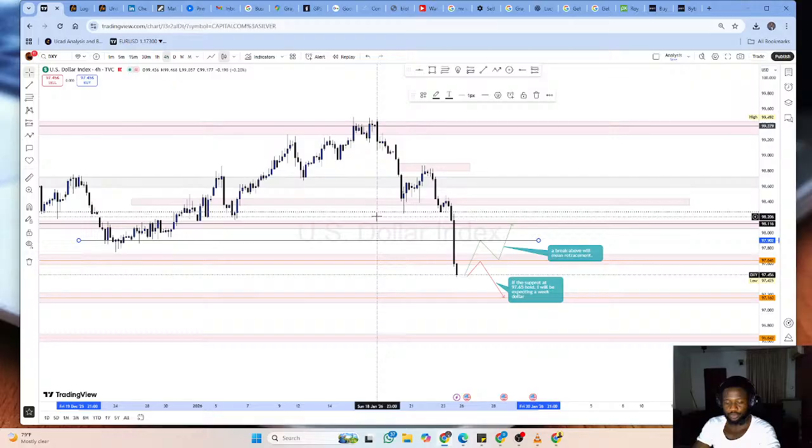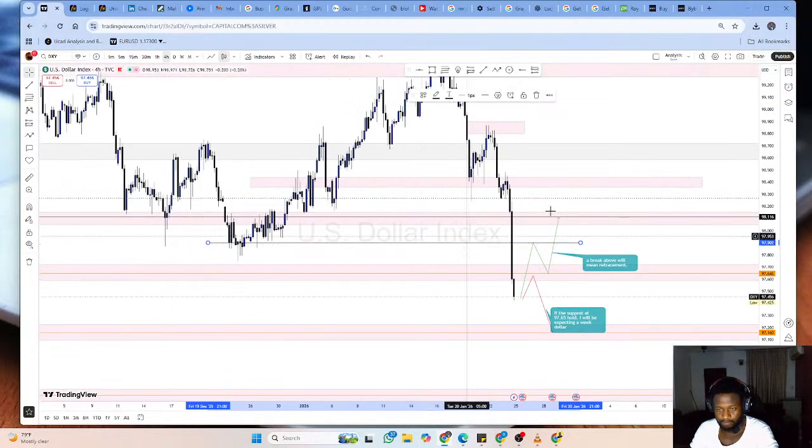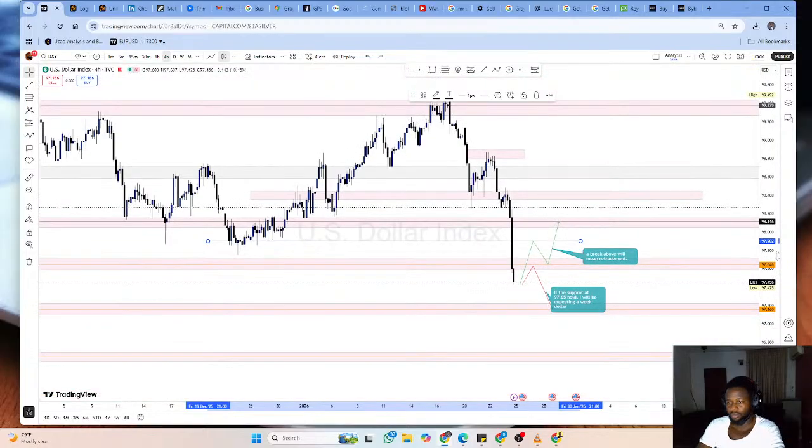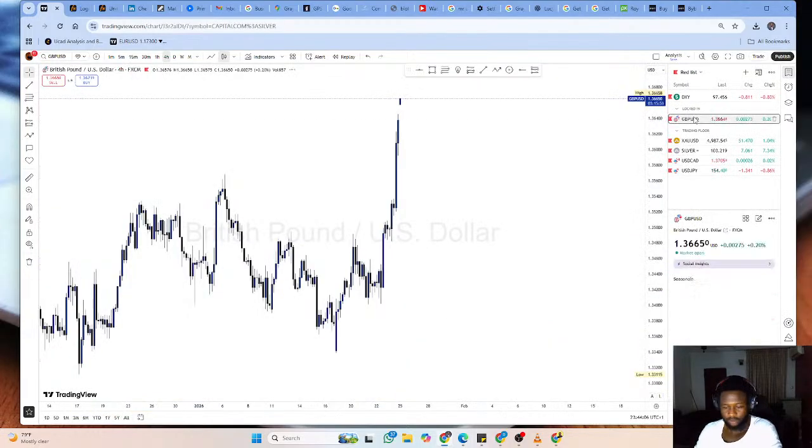Full on retracement would be nice. So whatever happens here is going to determine what we are going to be seeing in the other pairs.